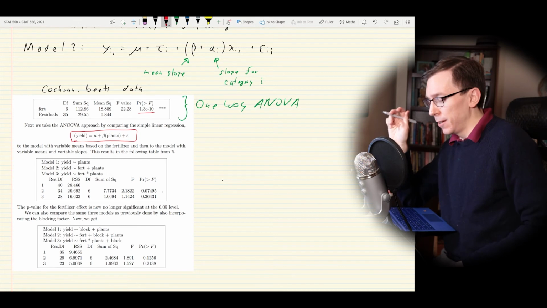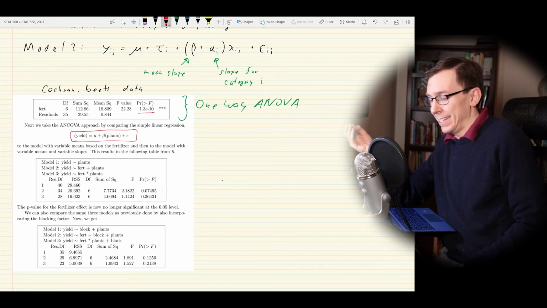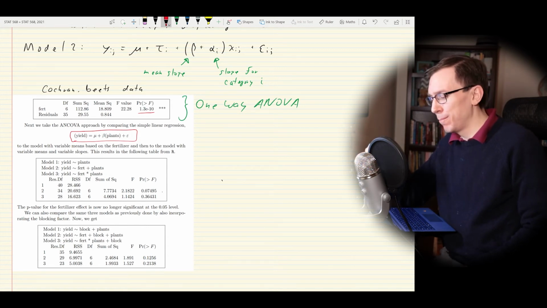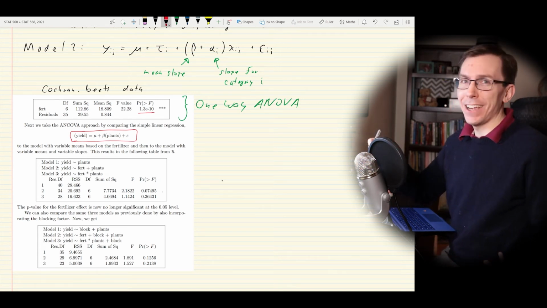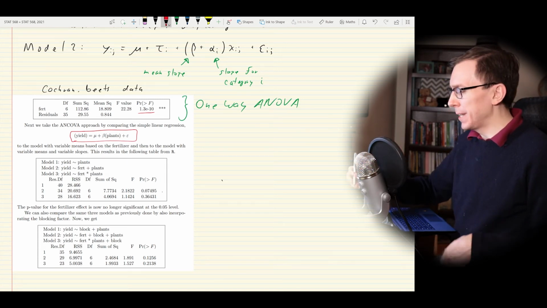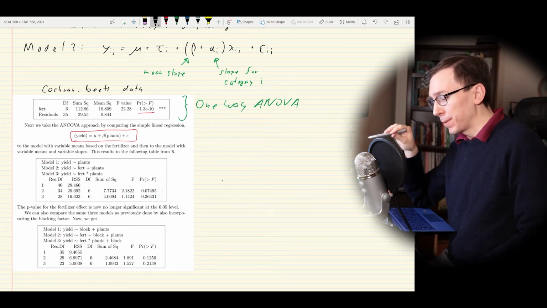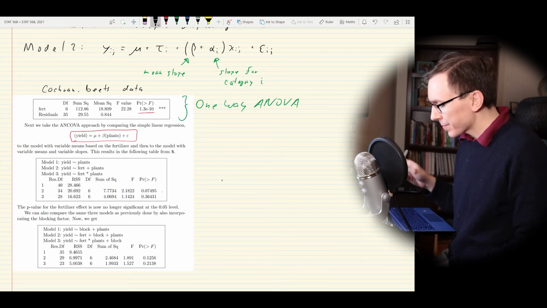In the red box, I now am not including my factor at all. All I'm saying is I can try to use linear regression to determine if the yield is affected by the number of plants in the plot. And sure enough, it is, right? The more plants you have, the higher your yield will be on average. So we want to include the number of plants as a covariate for our data.